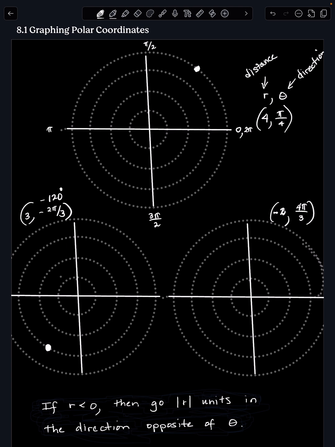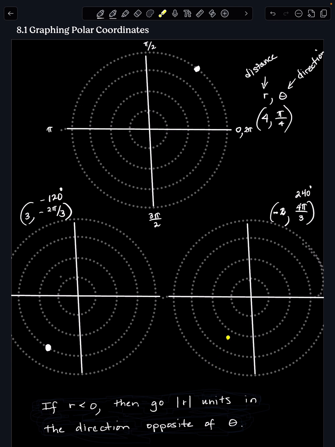All right, now the next one can be a little bit more tricky because I've got a negative r value. What does a negative r value even mean? So if I'm looking at my theta here, which is 240 degrees, I'm going 240 degrees in the counterclockwise position, so 90, 180, and then 60 more.